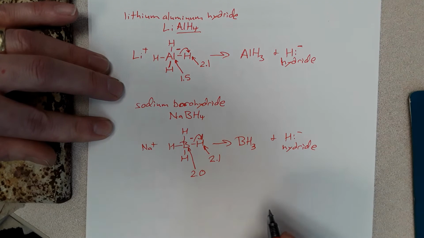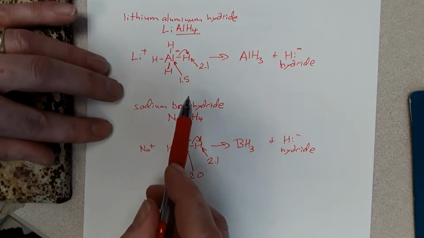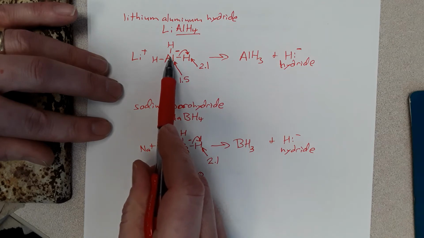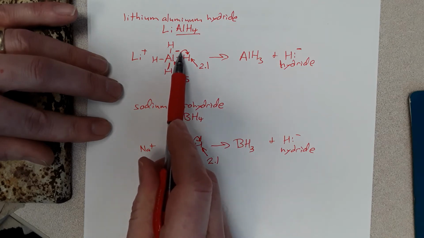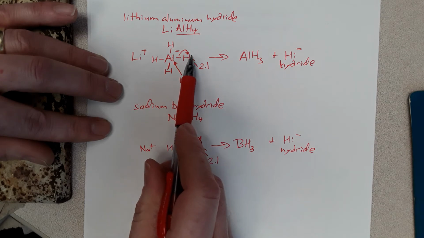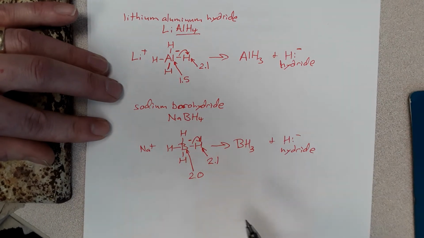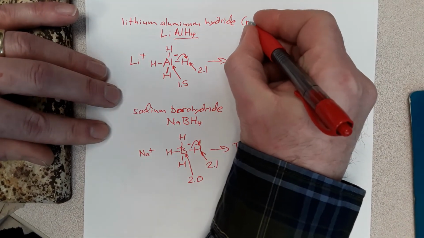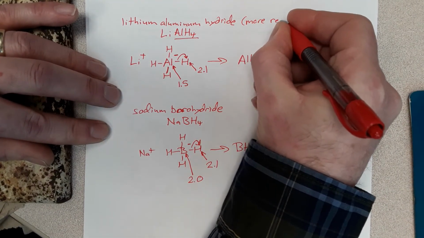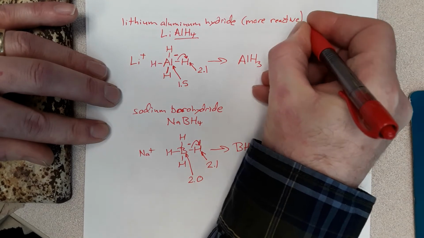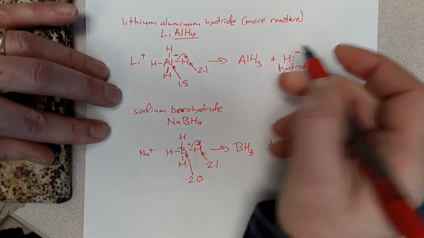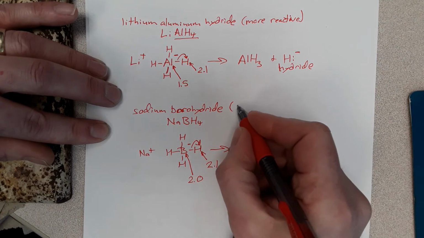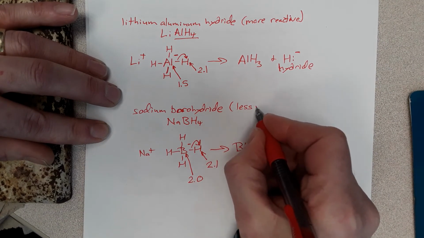And so, what do we see here? We see a hydrogen attached to a less electronegative atom, so it ends up taking the electrons when that bond breaks, forming hydride. The lithium aluminum hydride we said was more reactive, and that will become important when we're comparing how it reacts with different electrophiles, and the sodium borohydride is less reactive.